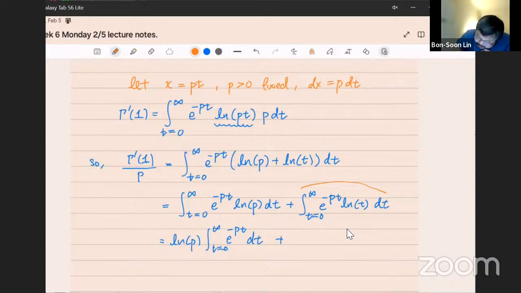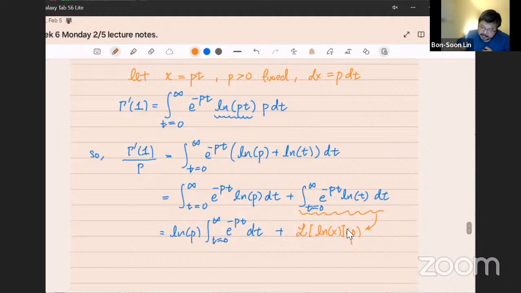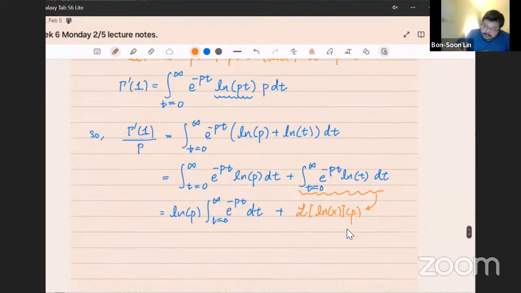So the second term actually is just the Laplace transform of natural log of x. It's a function of p. Okay, so that's what this term is. And the first term, we just need to figure out what this integral is.